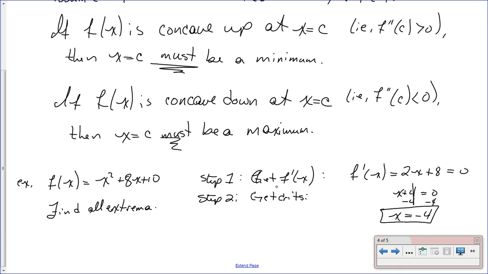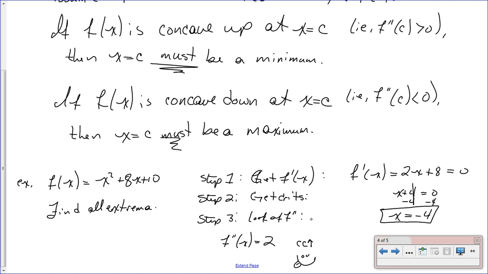Now what we want to do for step 3 is look at f double prime. Well, if you take the derivative of that, f double prime of x is going to just be 2. Since 2 is positive, that means our graph is concave up. So we got our smiley face with a little tongue sticking out. So it is concave up.